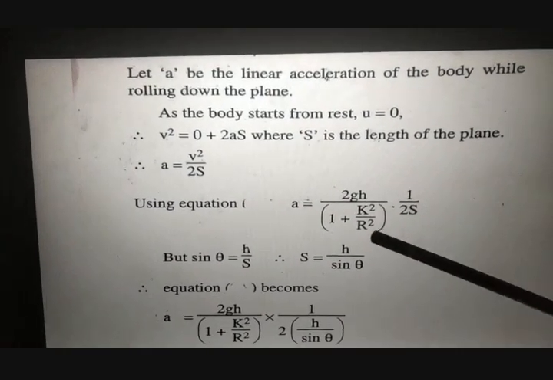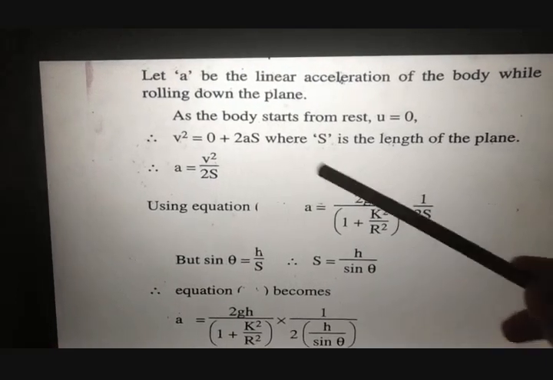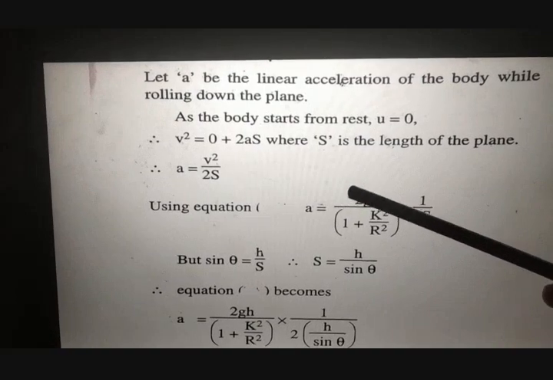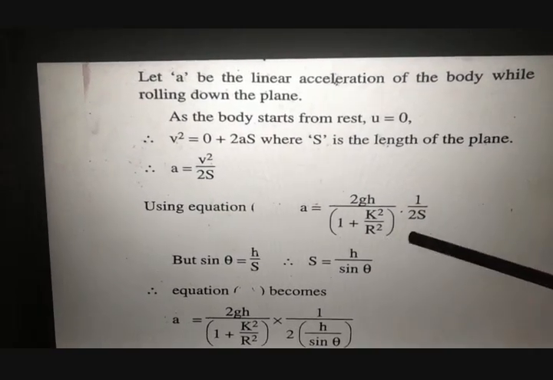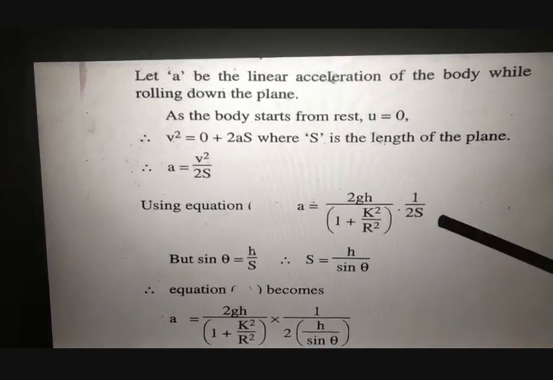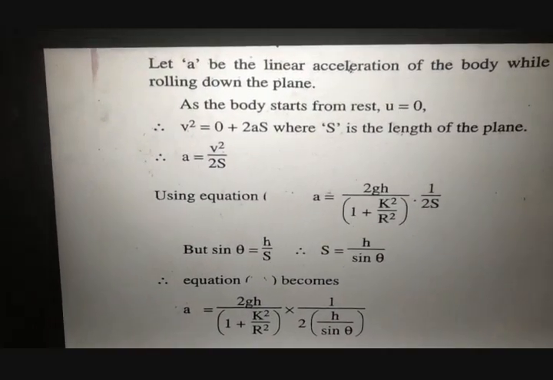Now just now you have derived the equation for v square, so you will substitute here. This is v square, so that expression will be 2gh upon 1 plus k square upon r square, into 1 by this 2s as it is, so you will write here 1 upon 2s. Now from the figure, sine theta is h upon s.